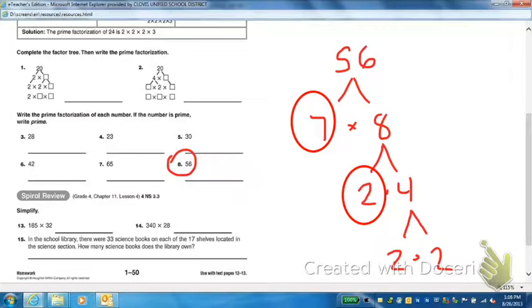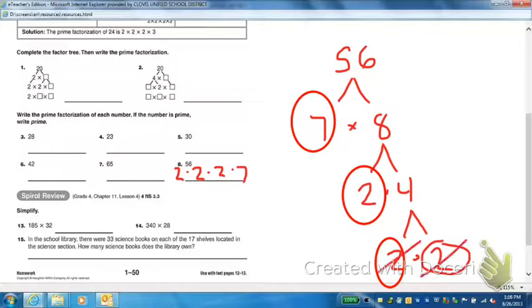Both of these are prime. Now when we put them for the answer, we want them to go from smallest to biggest. So for number 8, the answer would be, I have 3 2's, 2 times 2 times 2 times 7.